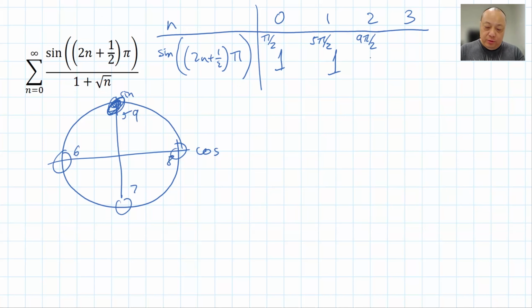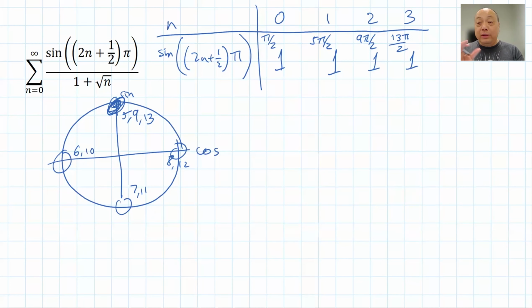Again, the sine is 1. N equals 3. 3 times 2 is 6. 6.5 is 13 over 2. So 13 pi over 2. That was 9 here. 10, 11, 12, and 13. I'm back here again. They're all equal to 1. So I'm starting to suspect that the numerator is equal to 1 all the time.